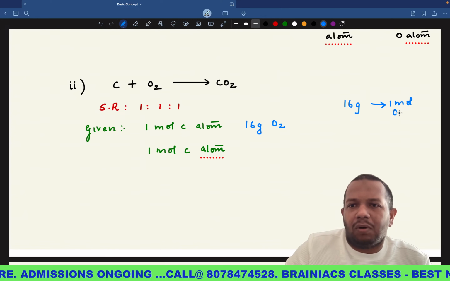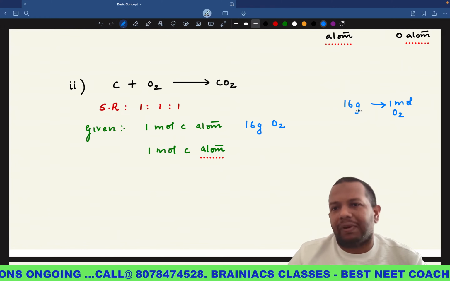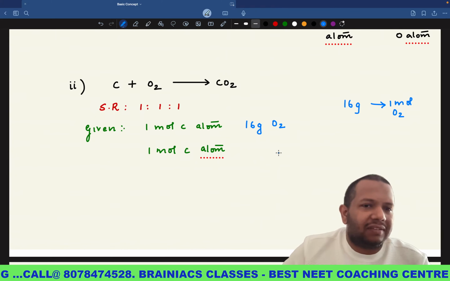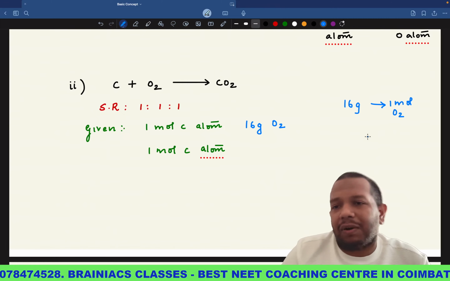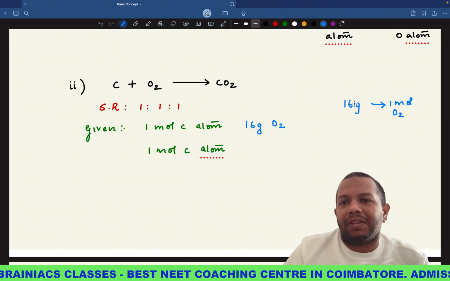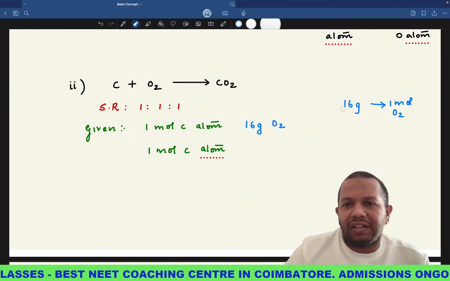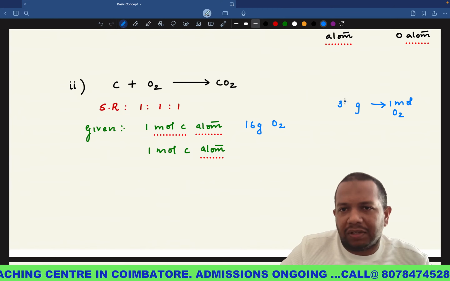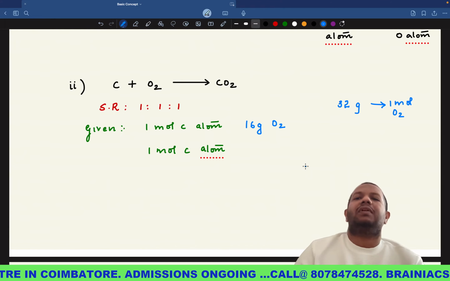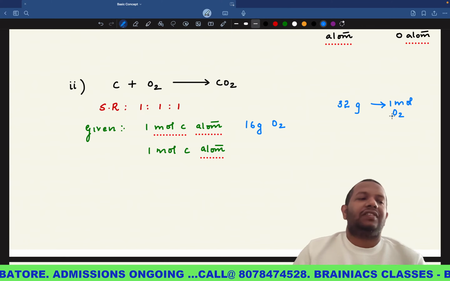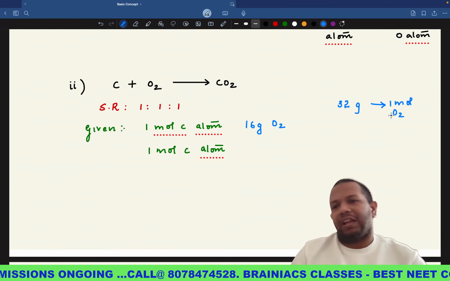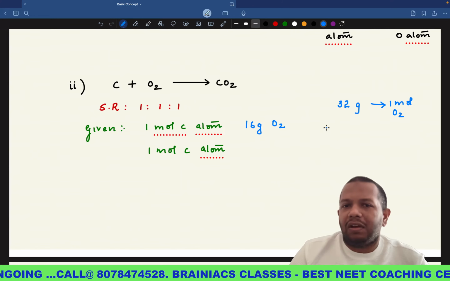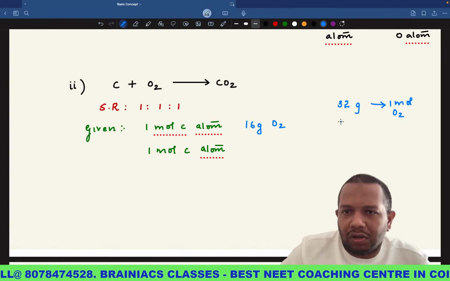We know that 1 mole of O2 means its mass number expressed in grams. But here one problem is there. O2, the mass number is 32. So here I have made a mistake. It is not 16, that is for oxygen atom. So this is 32 gram. Because O2 means 16 into 2, 2 oxygen atoms are there. So it's 32 gram. Now tell me 16 gram will be how many moles?